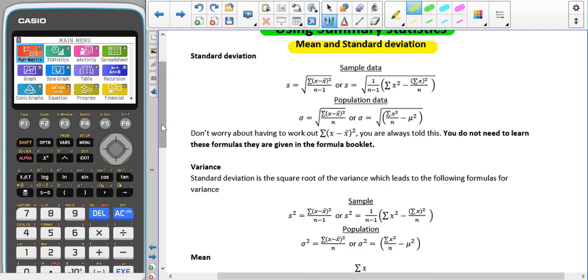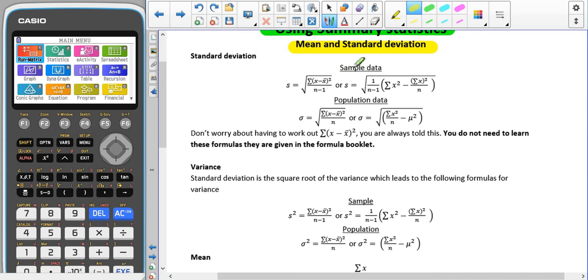So luckily, these formulas are given to us. We don't need to remember these for the standard deviation and the variance. These are on page 2 and also on page 4 in our formula booklets. So we can see here that we have different formulas for both the population and sample, standard deviation and variance.